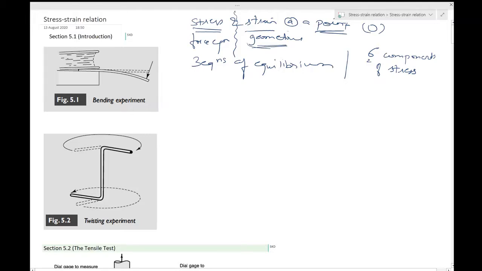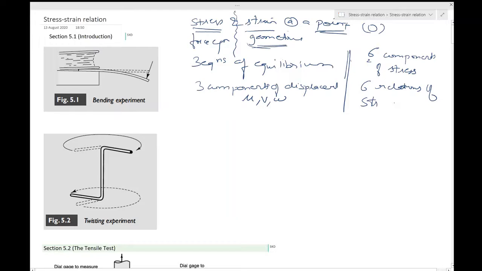And then you had 3 components of displacement, u, v, and w, for the displacement vector. And you again had 6 relations of strain.